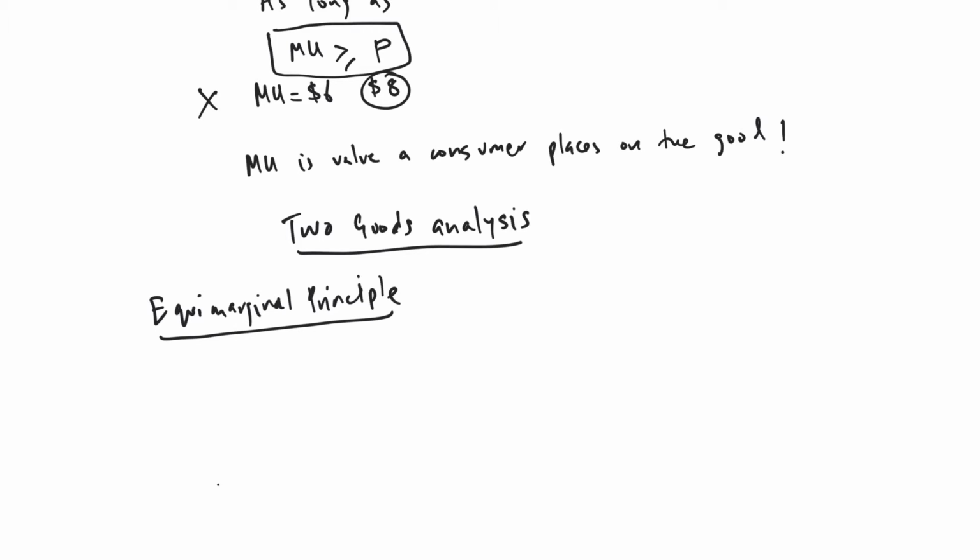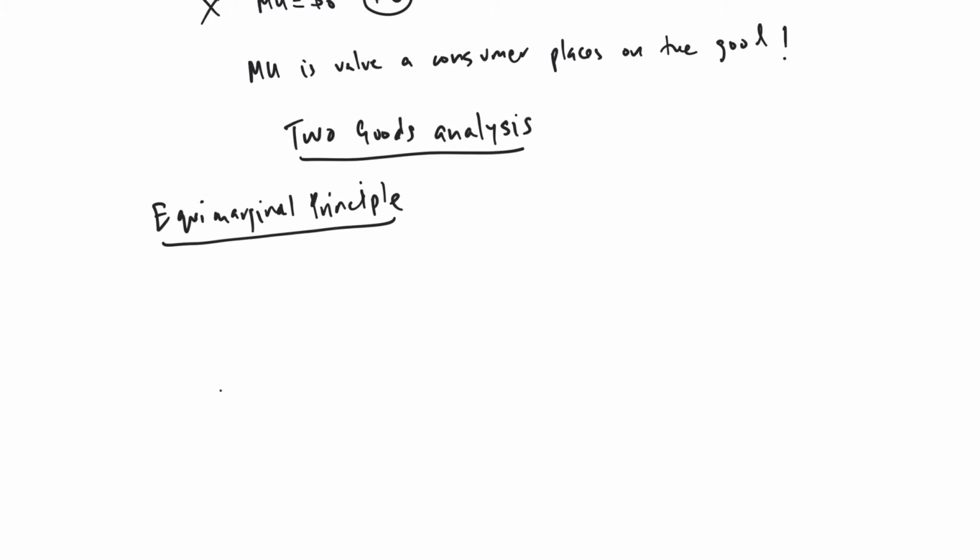Okay, so what if I tell you this: the two goods are, let's say, apples, A for apples, and oranges. You're thinking about buying these two goods, and let's say the marginal utility that you get from a unit of an apple is, for example, 50.